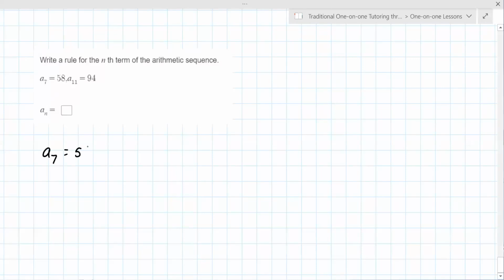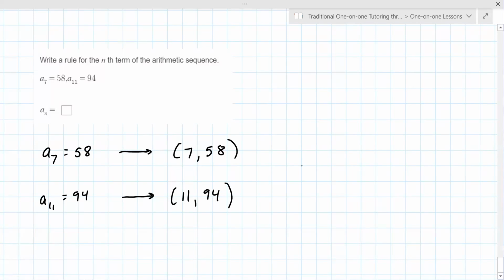A7 equals 58 corresponds to the ordered pair 7, 58. And this A11 equals 94 corresponds to 11, 94. And your slope is y2 minus y1 over x2 minus x1.